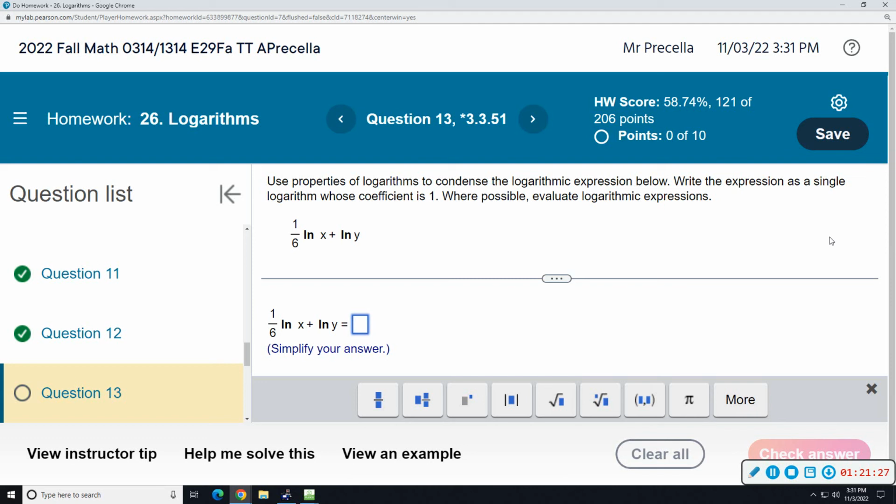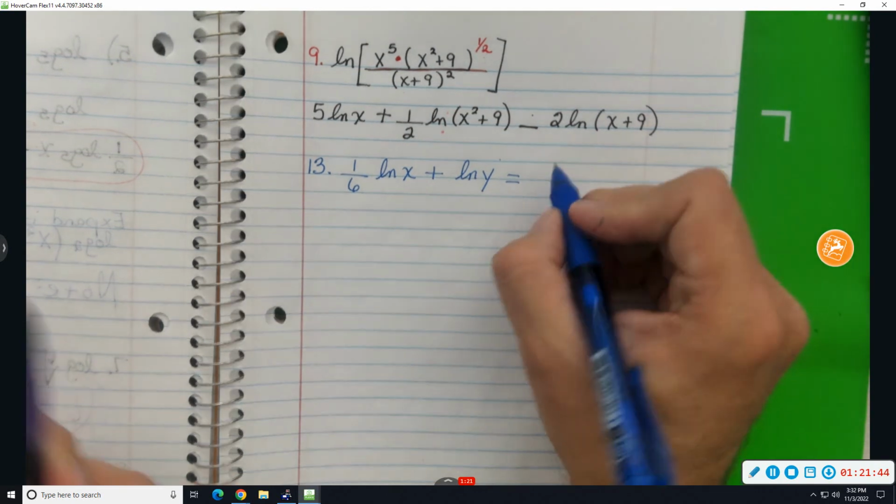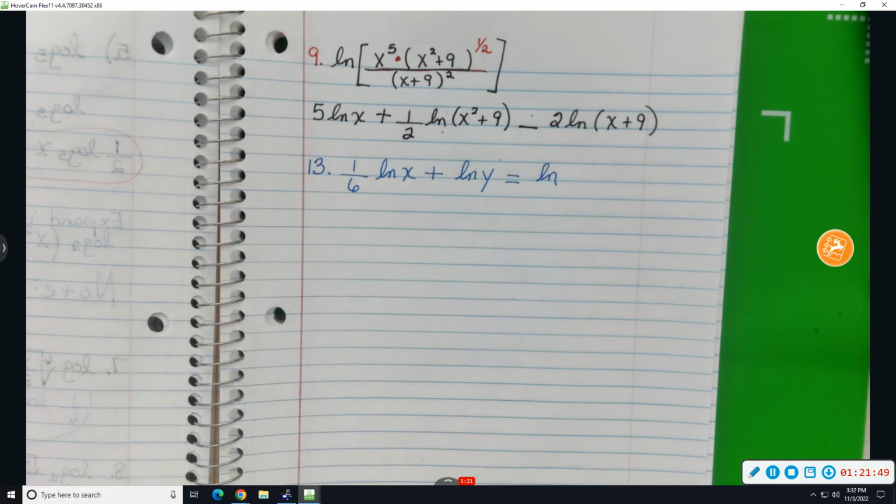Okay. This one I think I'm going to write down. Okay, here. It's 1/6 ln x plus ln y. Okay, here goes. We're going to write it as just one of those ln's. And do I need a fraction bar right here?